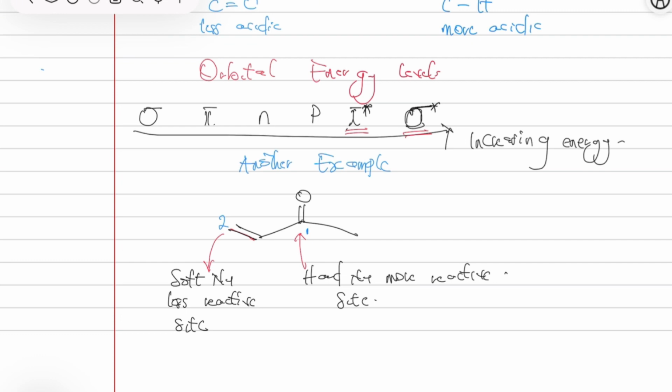Soft nucleophiles usually attack in a place that has a less strong bond, while the hard nucleophile will attack in a place where the bond is quite stronger. From this example, we can see that the CO double bond is stronger than the CC double bond.